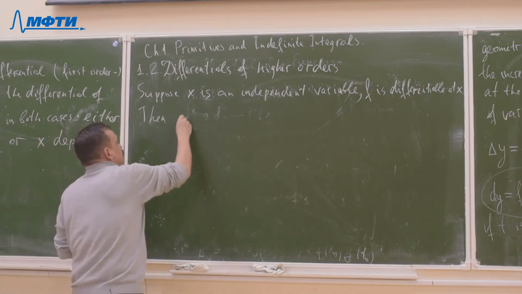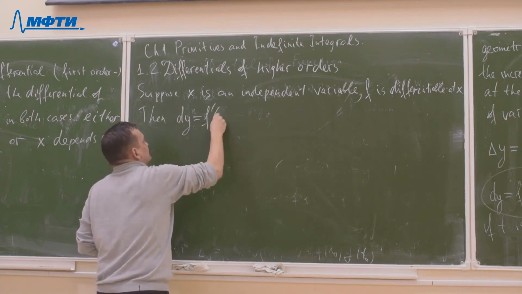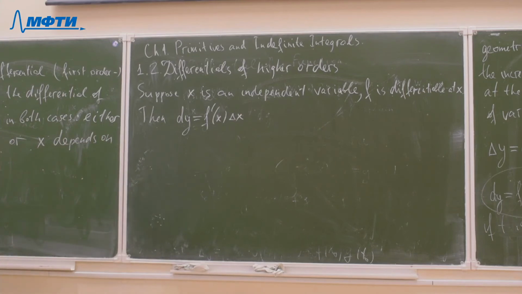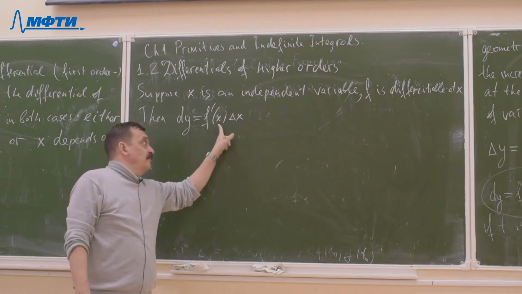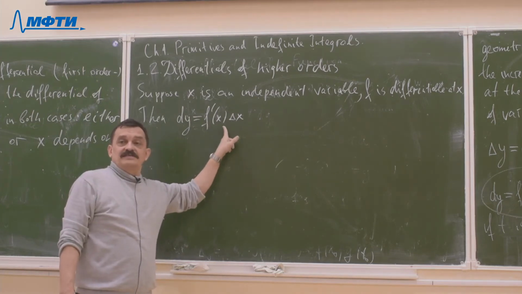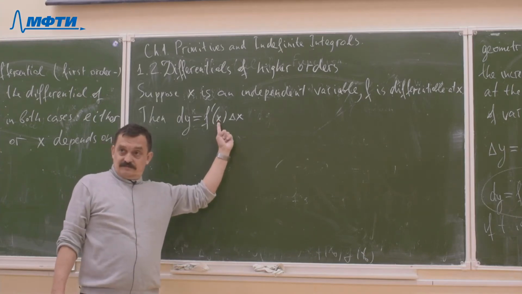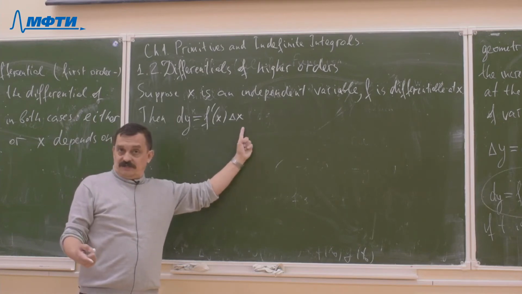Then dy equals f prime of x times delta x. By definition, right? Yes. And you see, in fact, it means the differential of the first order depends on two variables: x, the point where we consider, and the increment delta x.